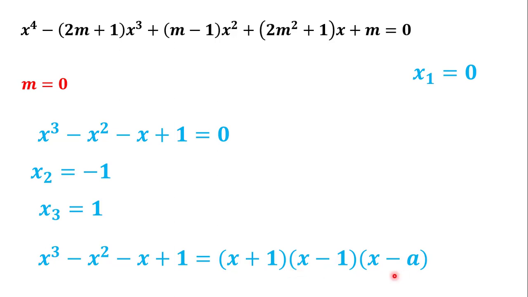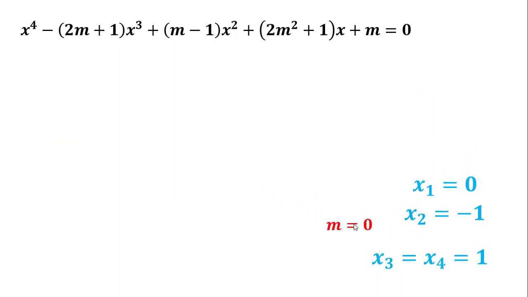So we find the third root of this equation, that is 1. So we can say if m equals 0, this equation has 4 roots, one of them is a repeated root. Now we need to investigate our equation if m isn't equal to 0.